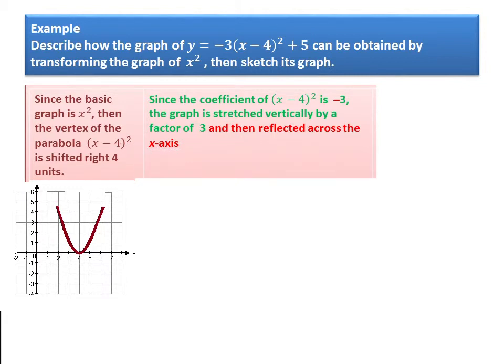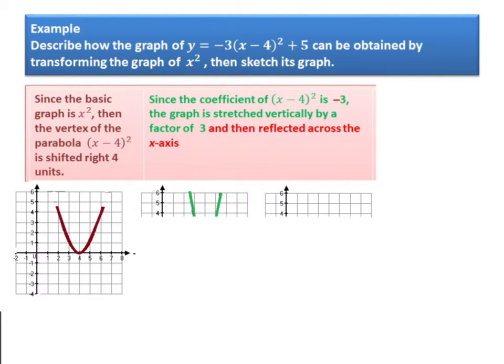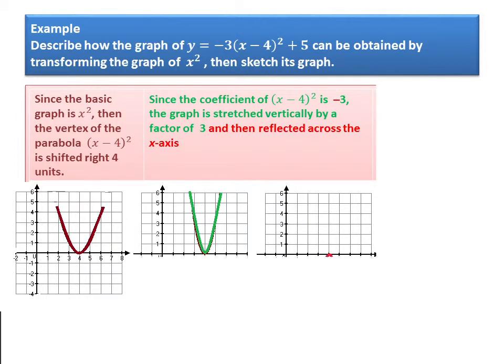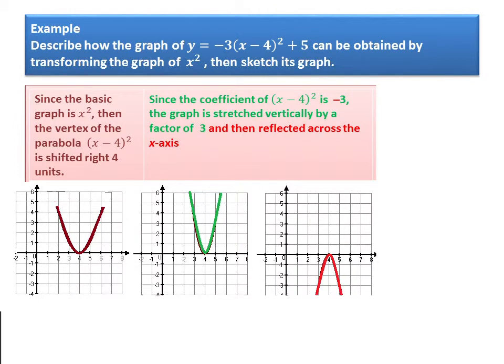I'll take the 3 first, and then I'll take the minus sign. So multiplying x minus 4 all squared by 3 tells us that we are stretching vertically by a factor of 3. So when we graph 3 into x minus 4 all squared, this will give us the green curve in front of us, which is a vertical stretch of x minus 4 all squared by a factor of 3.